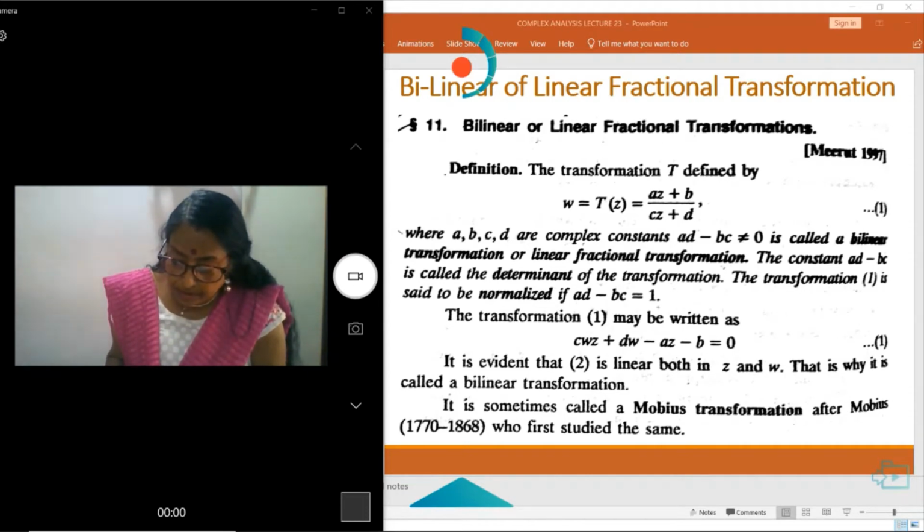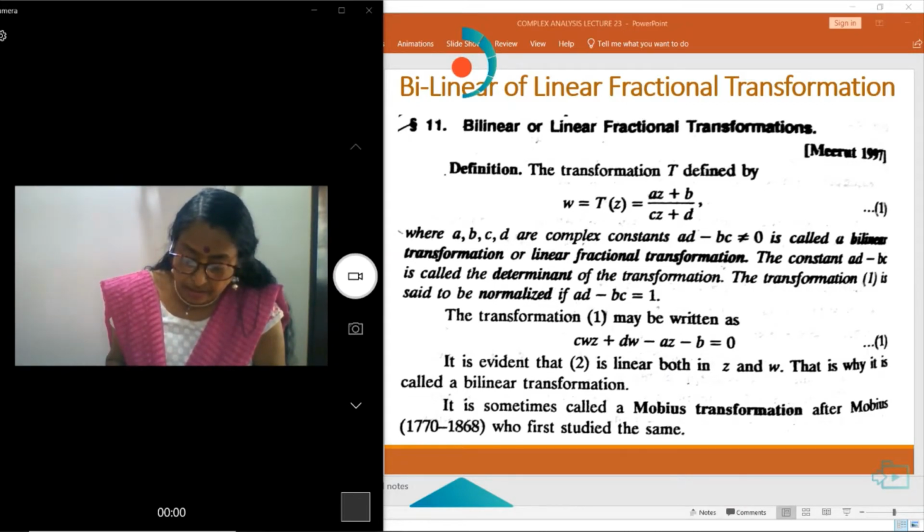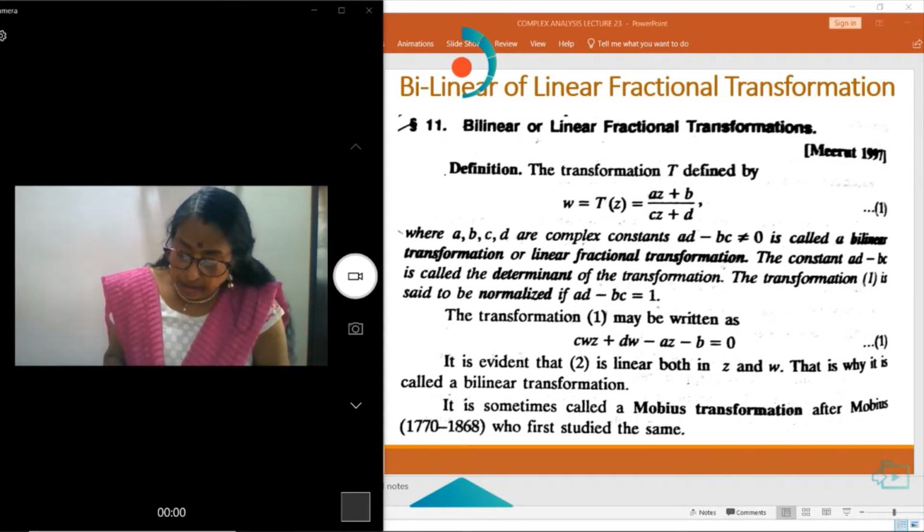The transformation 1 may be written as CWZ plus DW minus AZ minus B is equal to 0. Here it is evident from equation 2 that it is linear both in Z and W. Z is also present here and W is also present here.